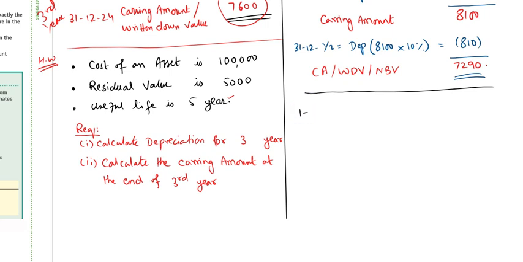So this is a little tricky question, not a normal one. At first, on 1st January 20, the cost of machine was 20,000.